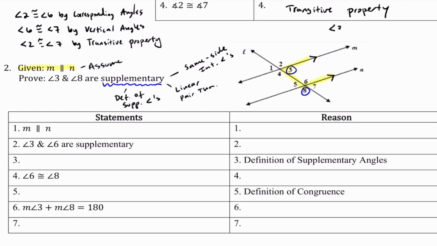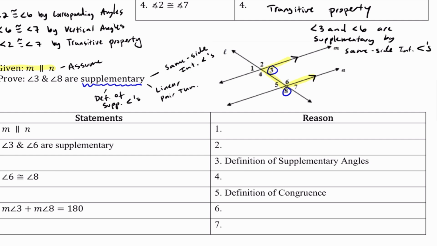Angle 3 and angle 6 are supplementary by same side interior angles. So angle 3 and angle 6 are supplementary by same side interior angles.